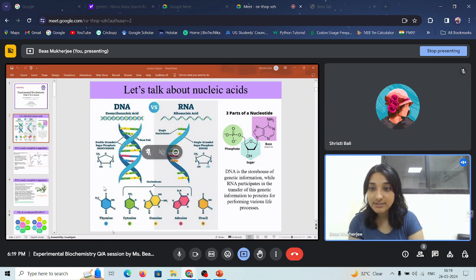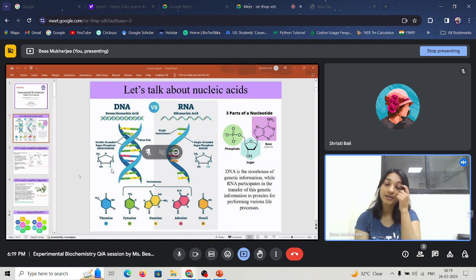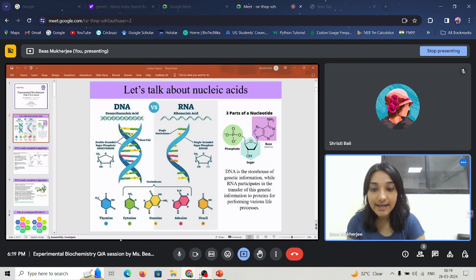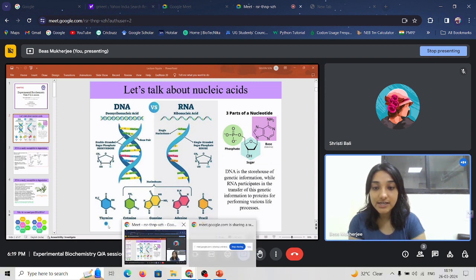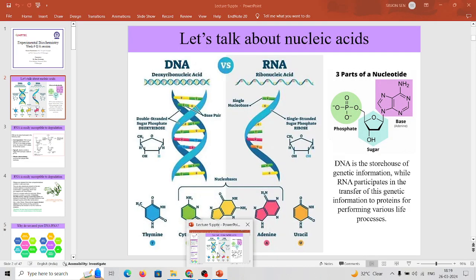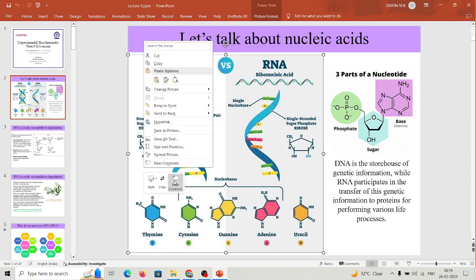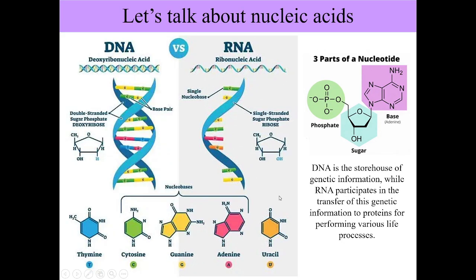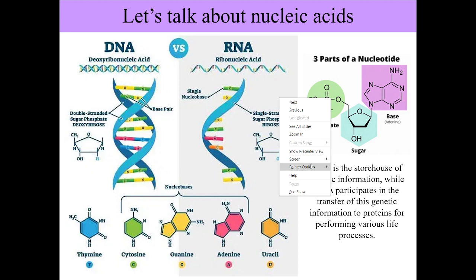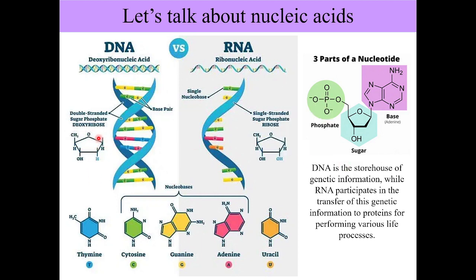If you see the structure of DNA, if we count clockwise, this is carbon number 1, this is carbon number 2.